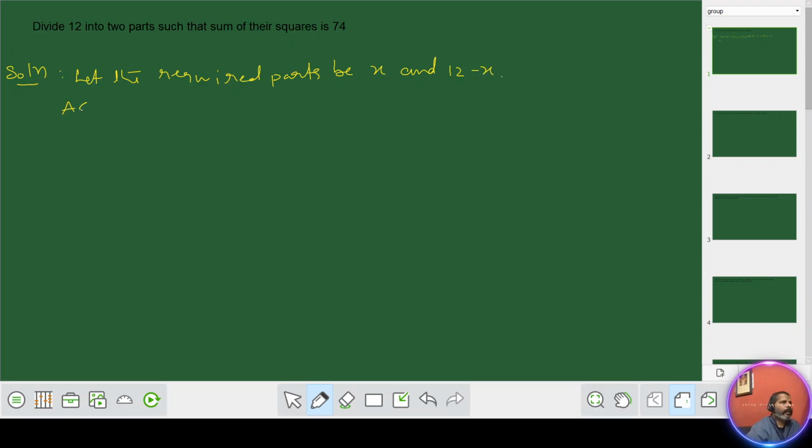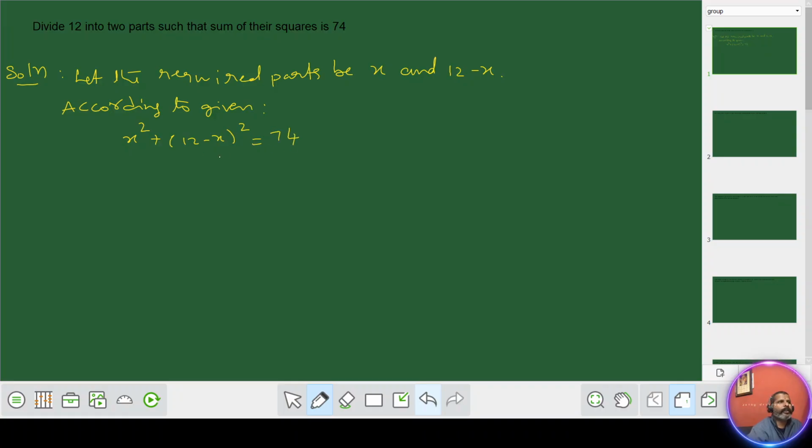Okay. According to given, the sum of the squares is 74. Therefore, x square plus (12 minus x) whole square is 74.